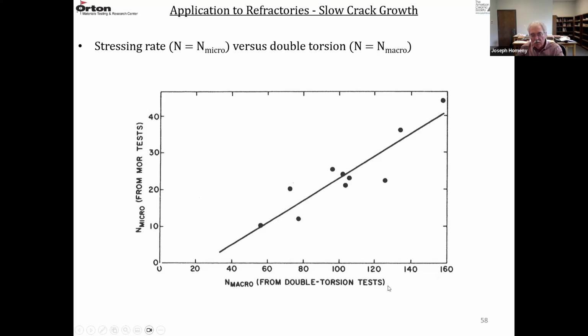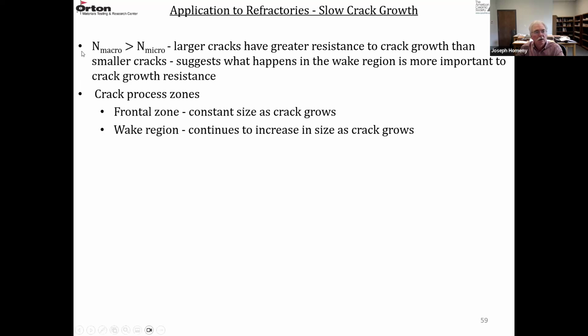So what that means is the bigger the crack, the higher the crack growth resistance. And that means what's happening in the wake region of the crack is much more important than what's happening in the frontal process zone. So N macro is greater than N micro.